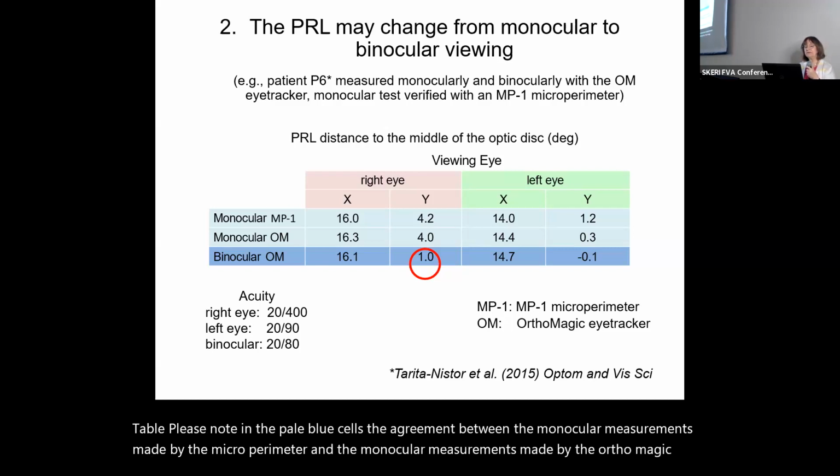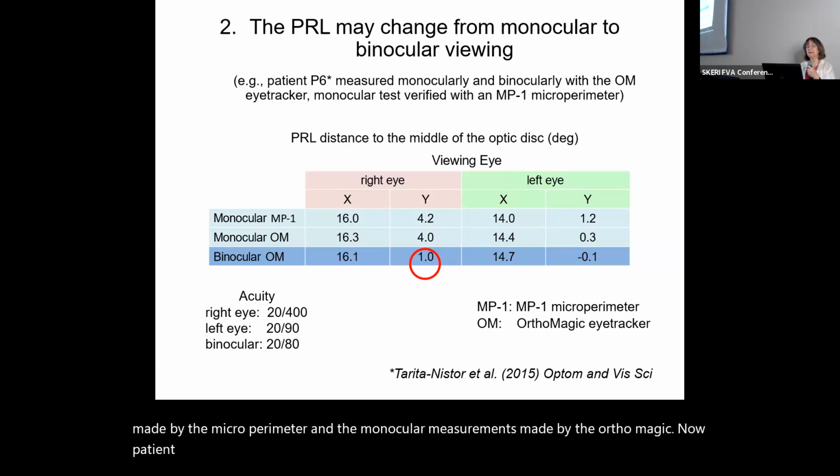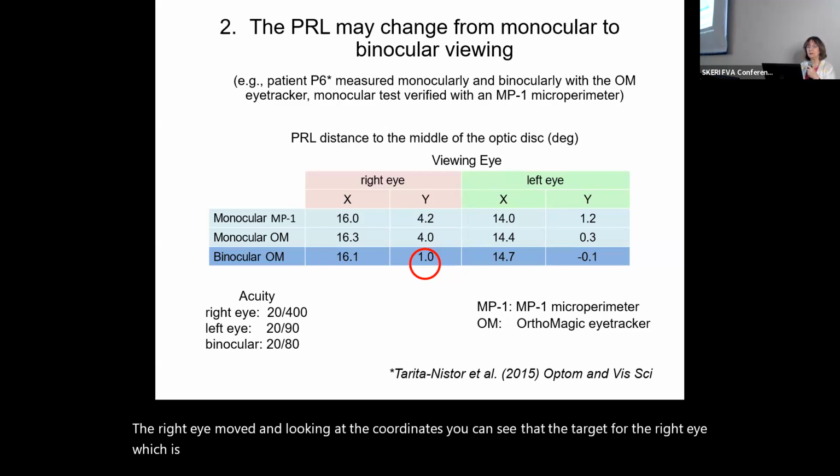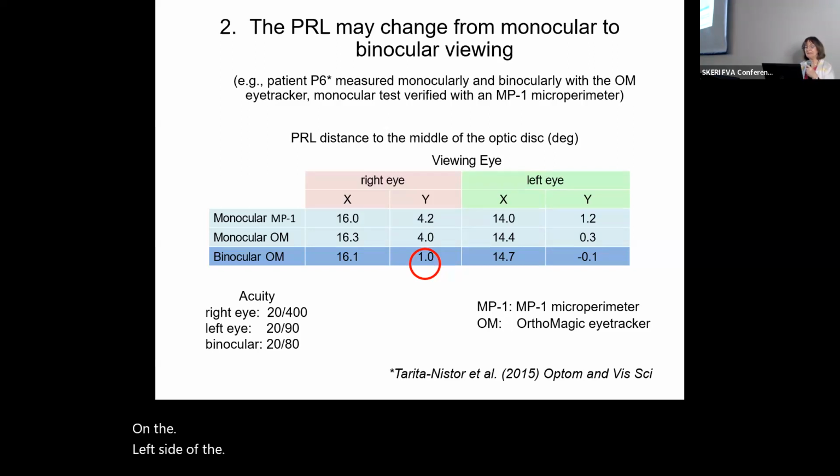Now, patient P6, when it came time to see the target binocularly, the right eye moved, and looking at the coordinates, you can see that the target for the right eye, which is the worst eye, if you look at the acuity on the left side of the display.